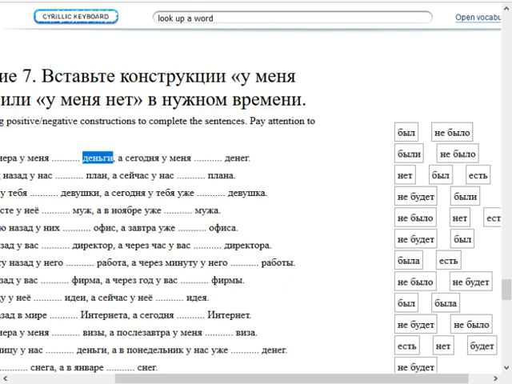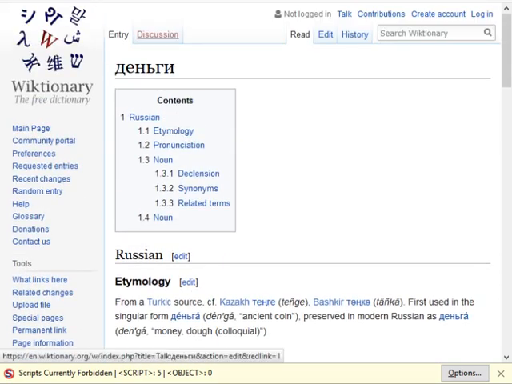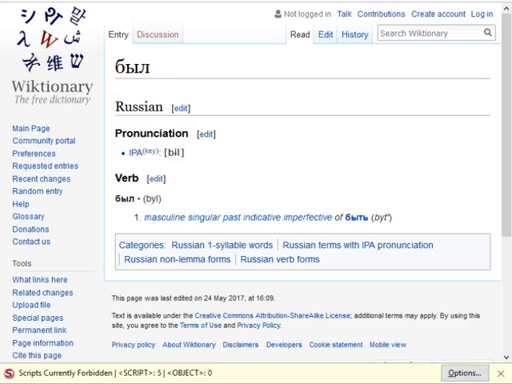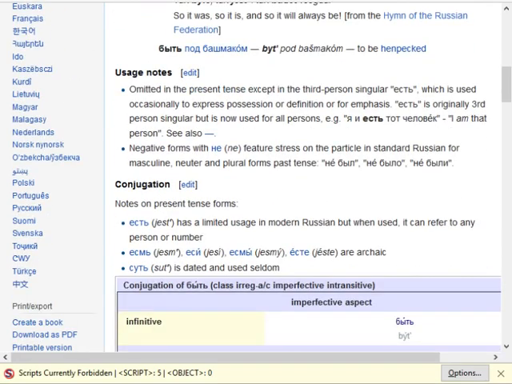Oh, actually, we don't even put that in. We don't put in the nouns here. We put in the forms of был and будет. So let's go ahead and look up those words. Yeah, был is a form of быть.